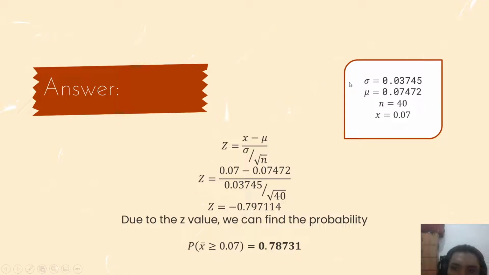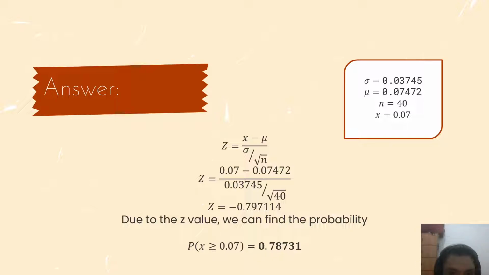Right here I have the data that is needed to answer the question, to be input into the formula. So we have that the z value equals x minus mu, divided by the standard deviation divided by the root of the number of samples, and the z value that I got is minus 0.797114.